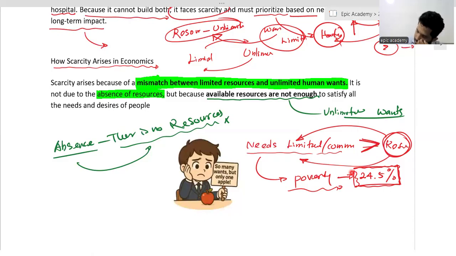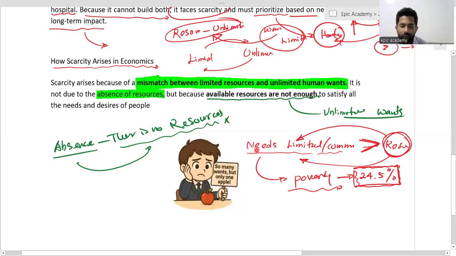You have to identify that poverty is another concept. Scarcity is another thing. Poverty arises because of basic needs and resources. But scarcity arises because of unlimited wants and limited resources.